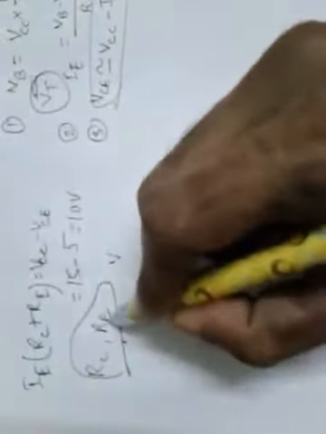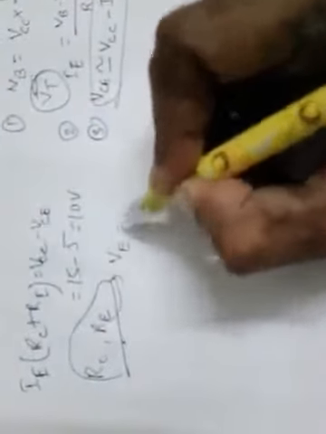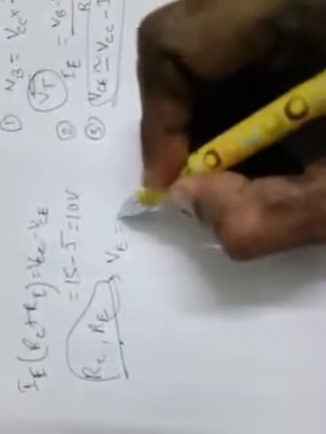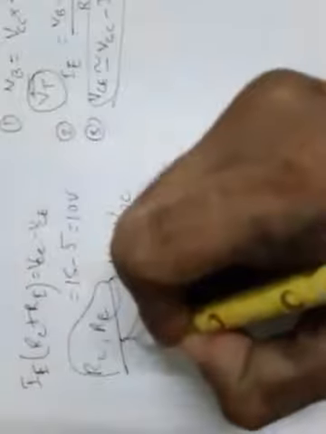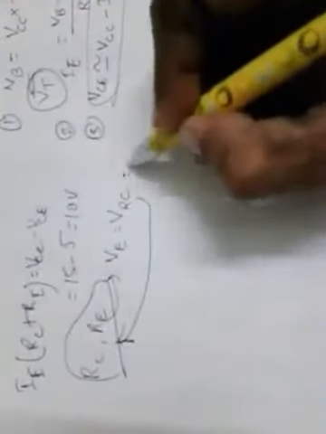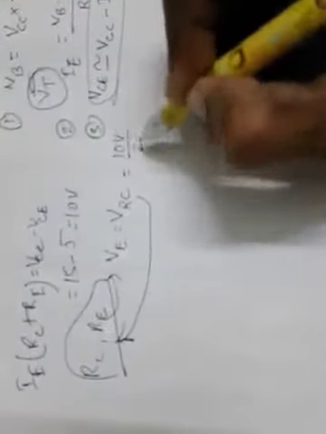So the voltage drop across RE, given by VE, is assumed to be equal to VRC, the voltage drop across RC, and that should be 10 divided by 2, that is 5 volt across each of the resistances RC and RE.